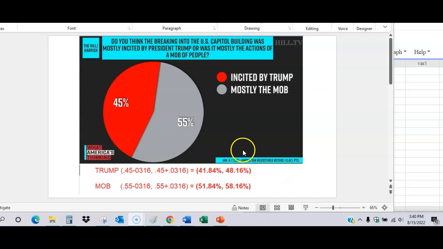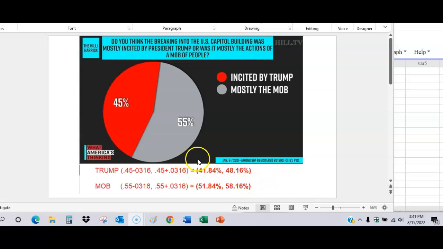So what this is saying is that with 95% confidence, we can say the population percent that thought it was incited by Trump is 45% plus or minus 3.16 percentage points. We can say with 95% confidence that the proportion that thought it was mostly the mob is 55% plus or minus the 3.16 percentage points.